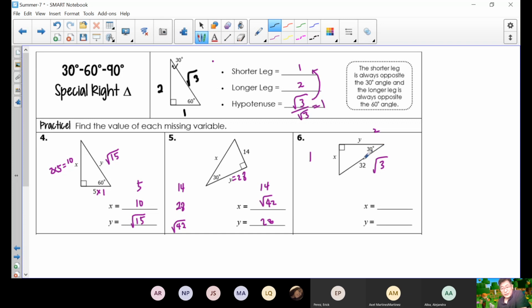So whatever the hypotenuse you have, say 32, use square root 3. That is the x value. This value is 32 over square root 3. And how to get the y value? Double it up, which is 64 over square root 3.